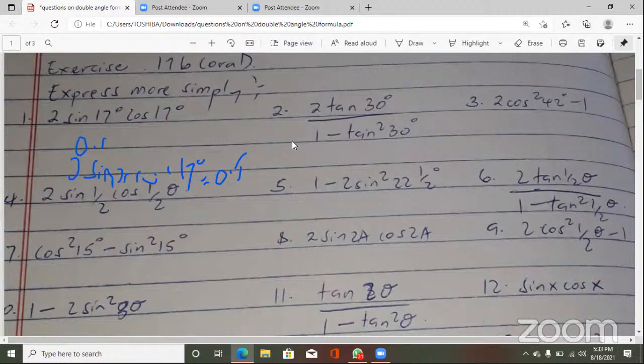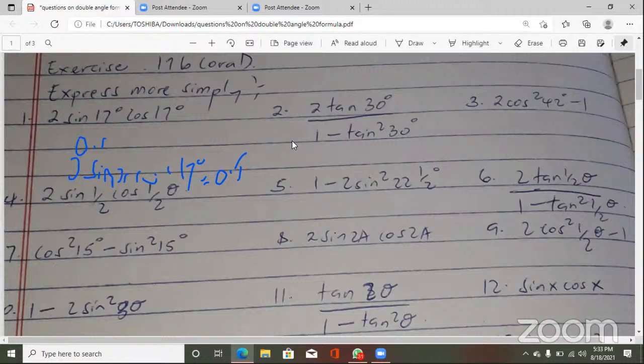Tan of 2a is equal to tan a plus tan a over 1 minus tan a tan a, which literally gives us 2 tan A over 1 minus tan squared A. So if we compare this with the double angle formula for tan, what would be the tan that gives us this?